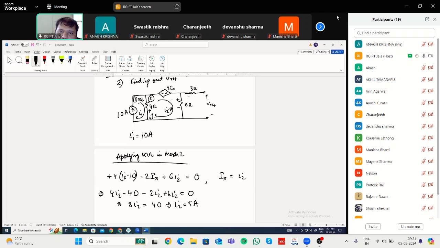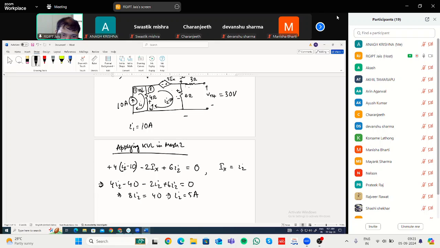So what will be the voltage drop across this? 6 multiplied by 5, that is 30 volt. No current is flowing through this 3 ohm resistance, so no voltage drop will be there. The same 30 volt will be your VTH. So VTH will be equal to 30 volt. Okay, I think this is clear.